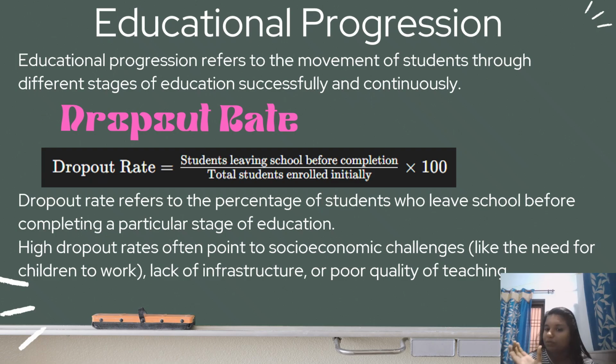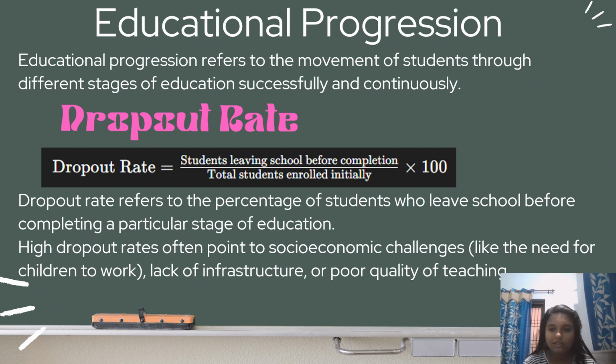The two words are very important. It should be successful and continuous. When we talk about this successful and continuous process, there are some people who are not completing it successfully or completely. Yes, we are talking about the dropout rate.